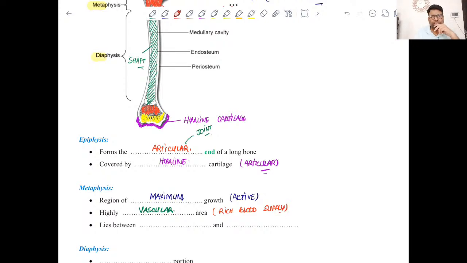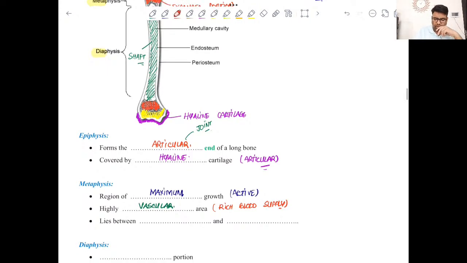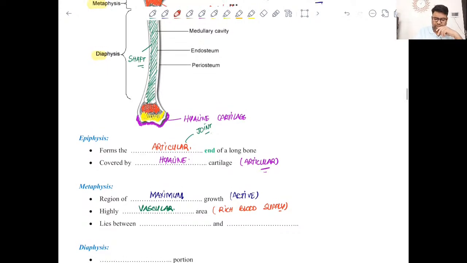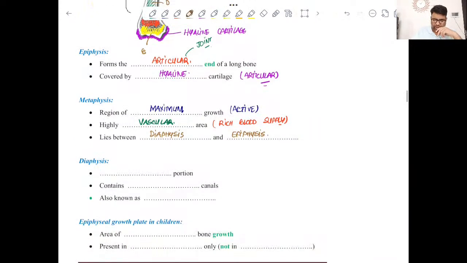Clear? So metaphysis is a highly active area, the growing zone of the bone, highly vascular, rich in blood supply, and of course if you see here, it lies between the diaphysis and epiphysis. Clear? So this is in short about metaphysis.